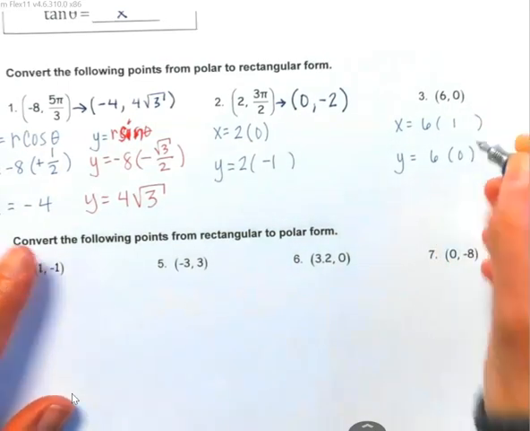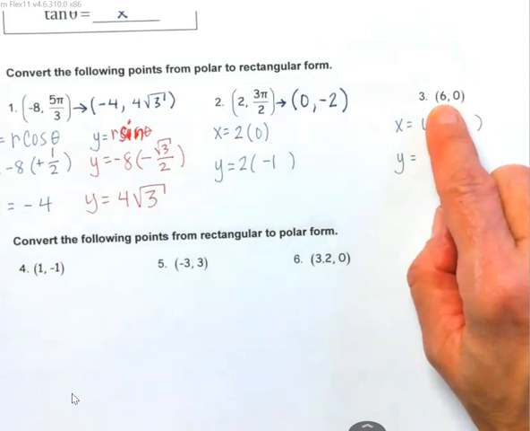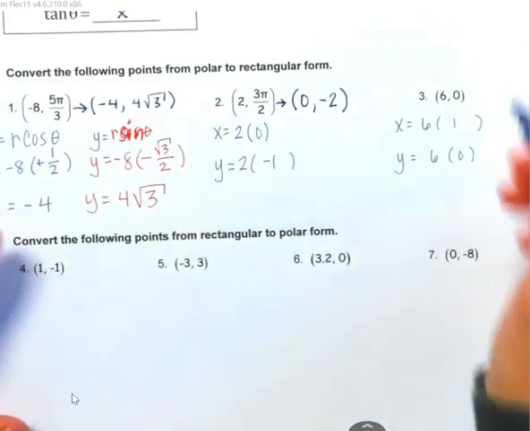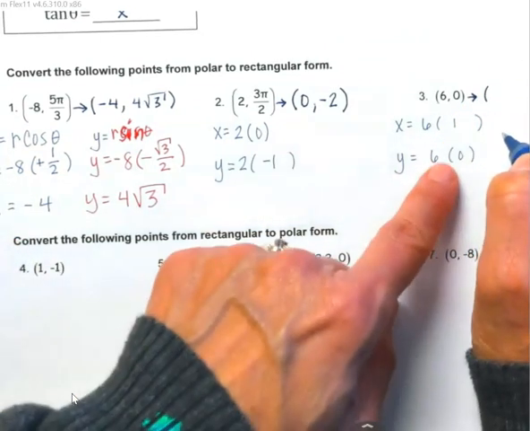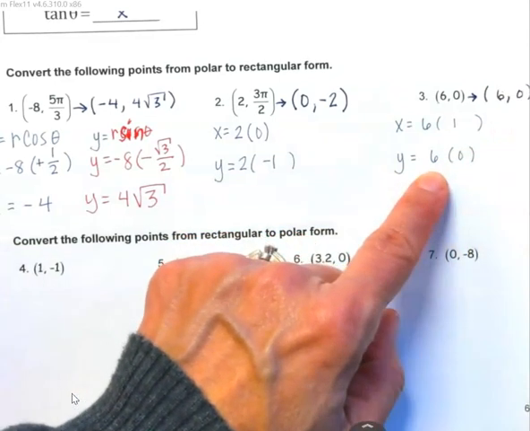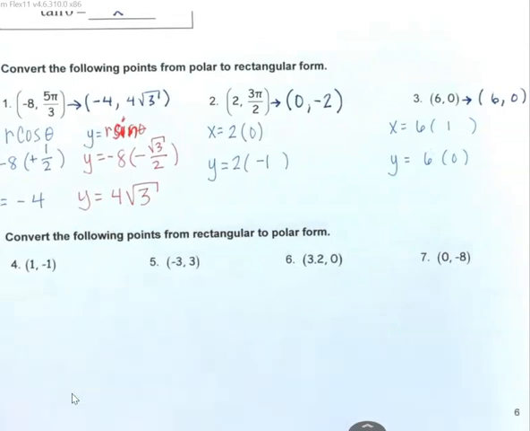Yes, that is correct. So it kind of looks like it's the same, but it's really not the same. Remember, this is spaces away from the pole and radians. And we converted it to a coordinate of 6 and then 0 on the y-axis. Right?